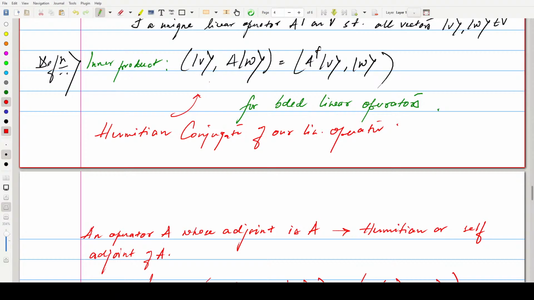And remember that, although it's not mentioned here, this is for a bounded linear operator, not for any linear operator. Because if we were going from discrete spectra to continuous spectra, here we can count our qubits: 0, 1, 2, 3, 4, and so on. If it's a two state system, we call it a qubit, and if it's a three state, it's a qutrit, and then a qudit, and so on.